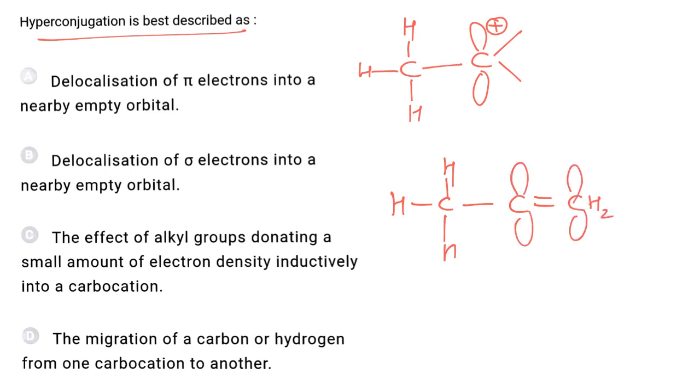Now during hyperconjugation, these carbon hydrogen sigma bond electrons are shifted towards the unhybridized p orbital. So there is delocalization of sigma electrons into the nearby empty p orbital, and hence the correct answer is B.